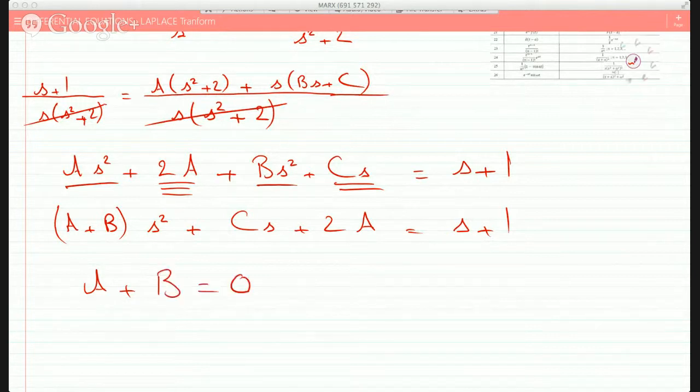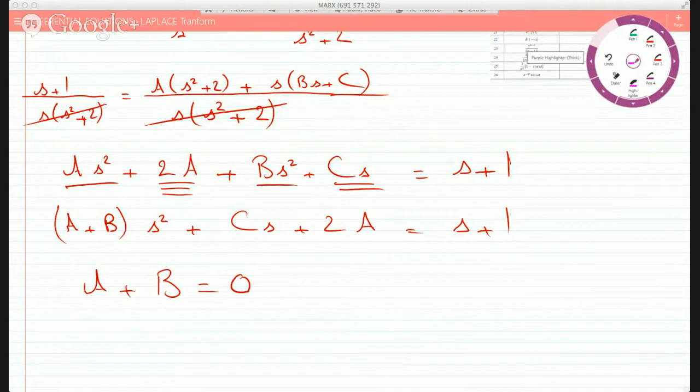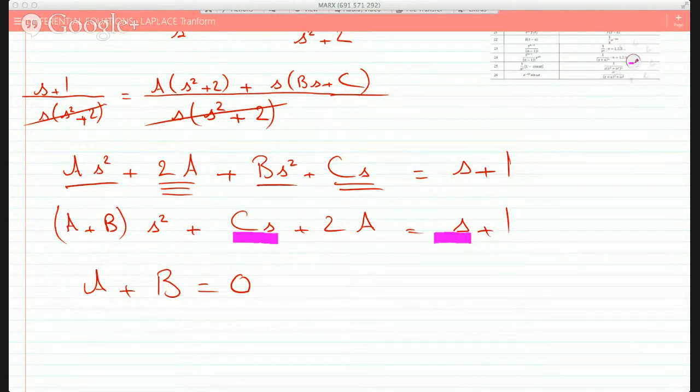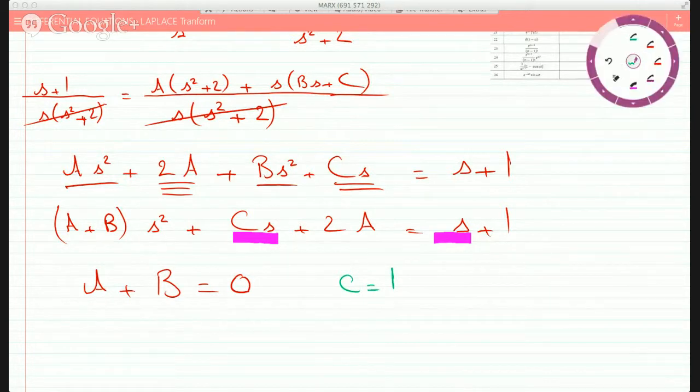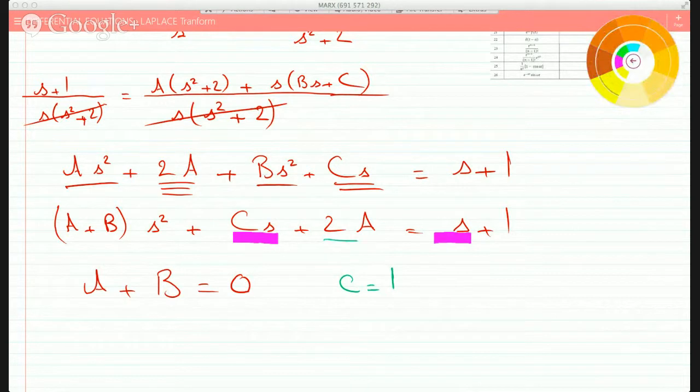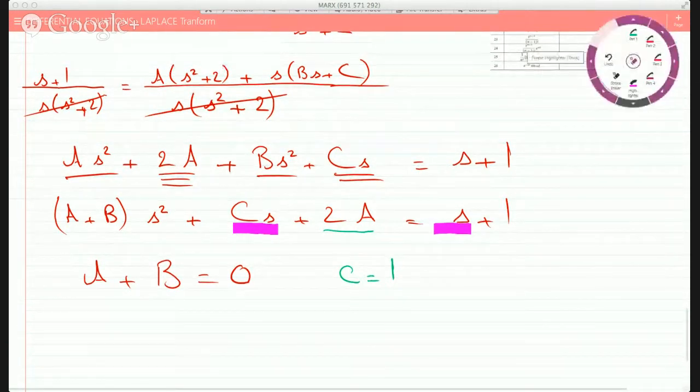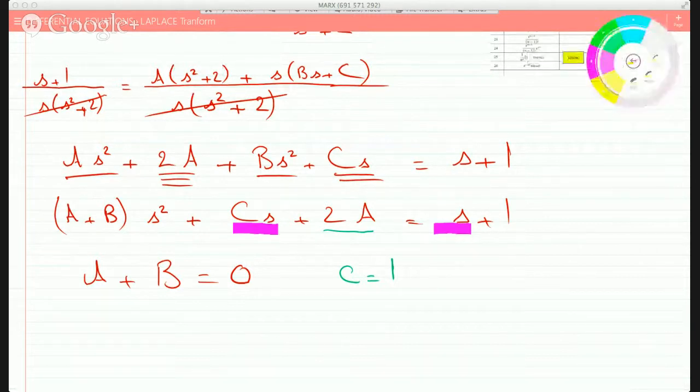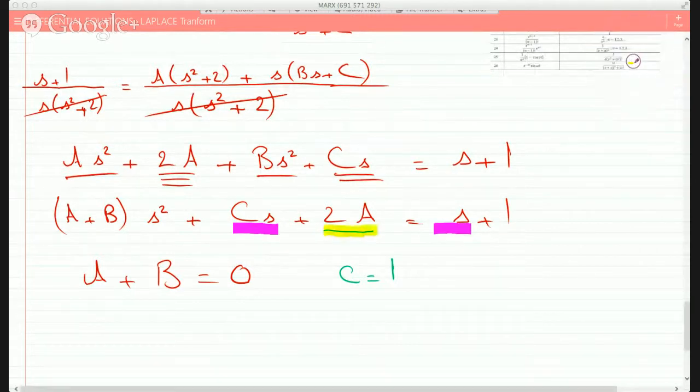It also means that this has to equal this, which makes c equal 1. And it also means that this has to equal this.